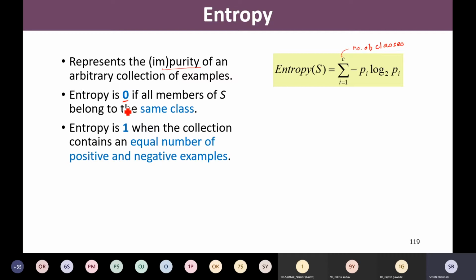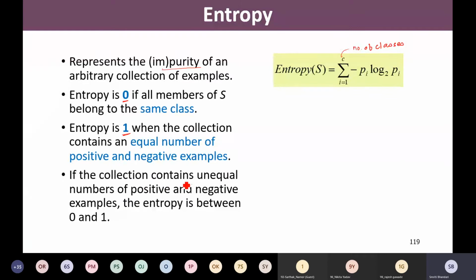If I have samples that are distributed in equal number, so if I have 2 classes, positive and negative, and an equal number of positive and negative examples in my data set, then I'll say that the entropy of the data set is 1. So entropy is 1 when the collection contains an equal number of positive and negative examples.